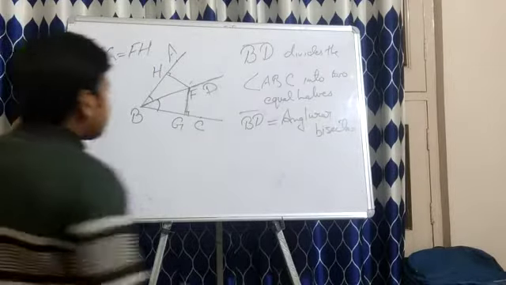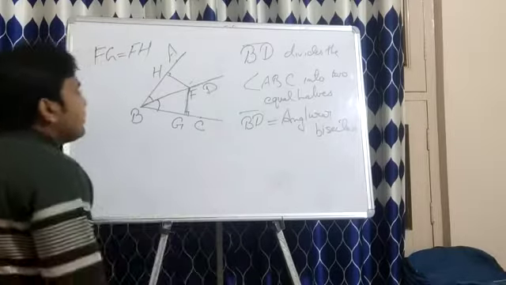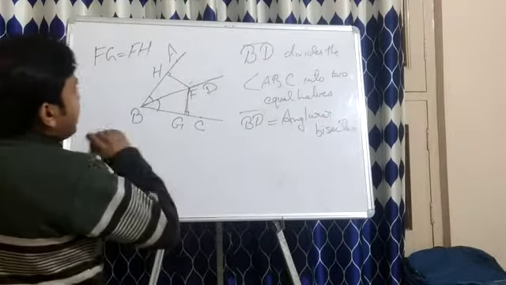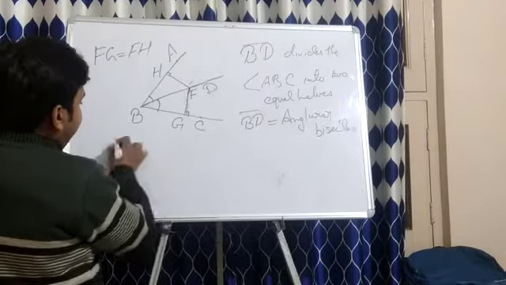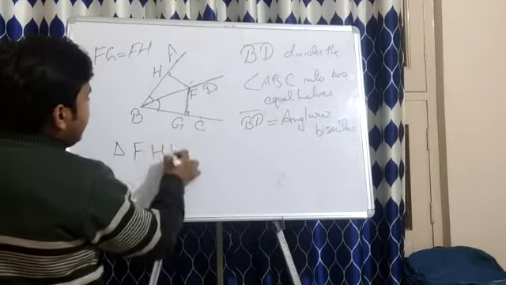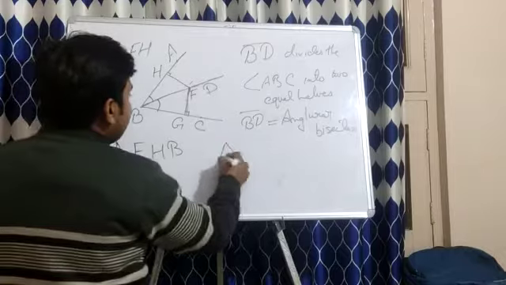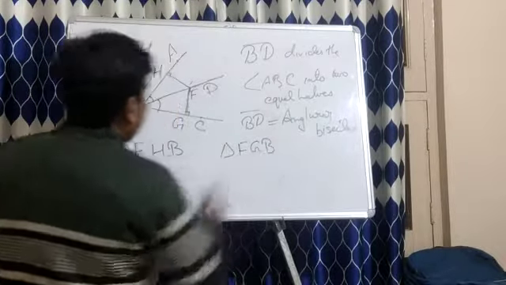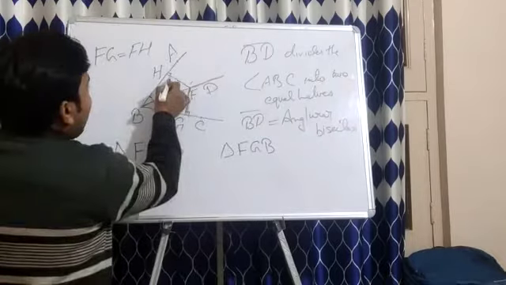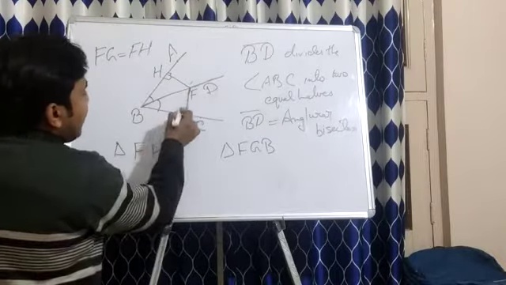Now that is not a very hard proof. Why? Because if you concentrate on triangle FHB and triangle FGB, you can say that this angle is equal to this angle.